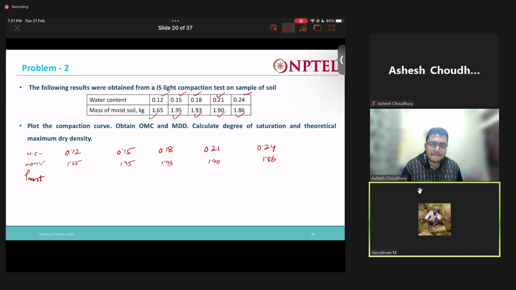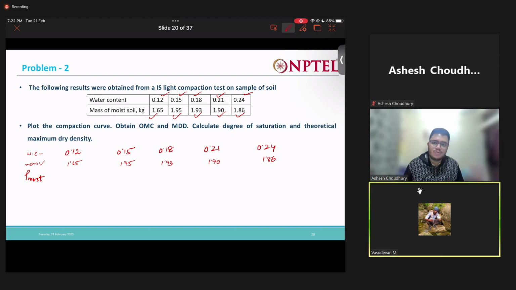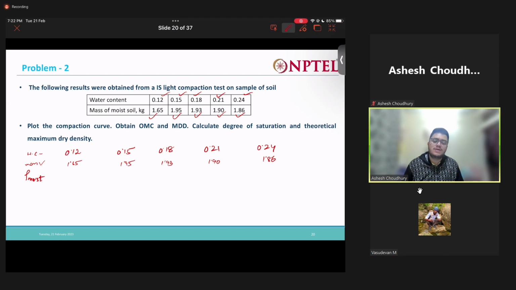Or the moist density? See, mass is already given, right? What do you need? You need volume. If we divide mass by volume, we will get the density.